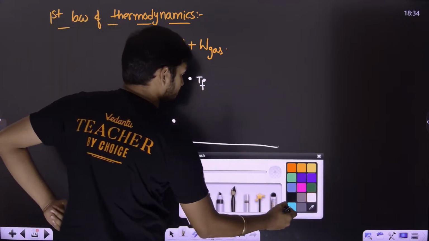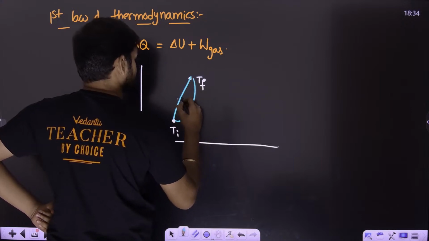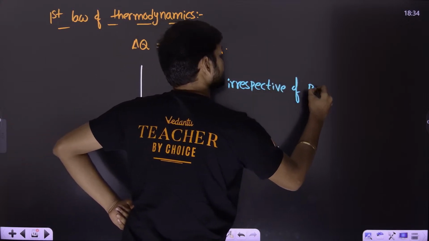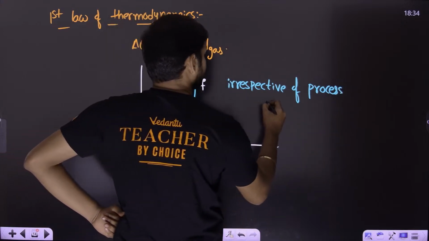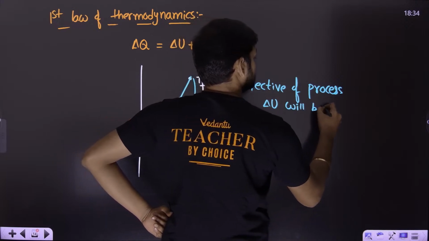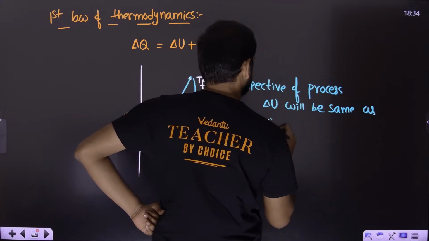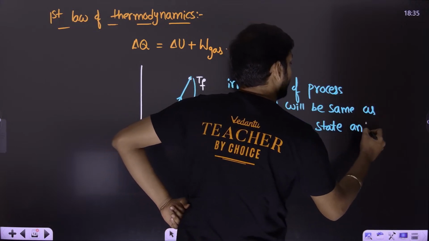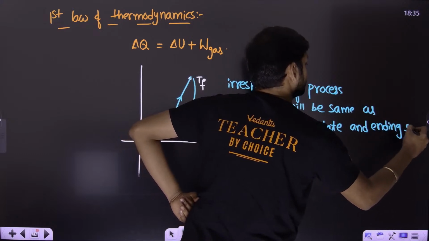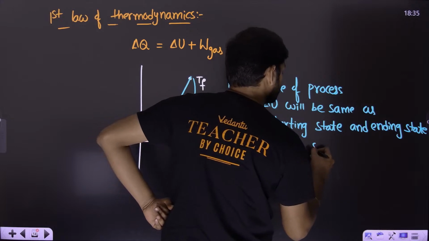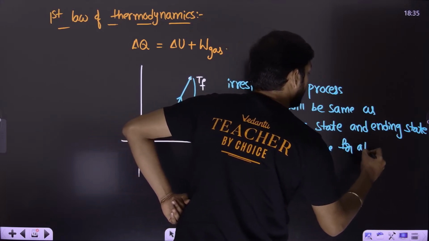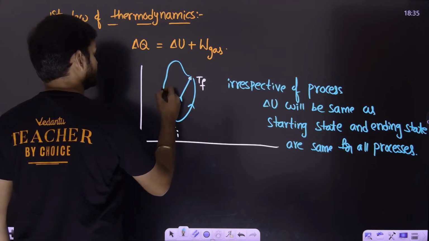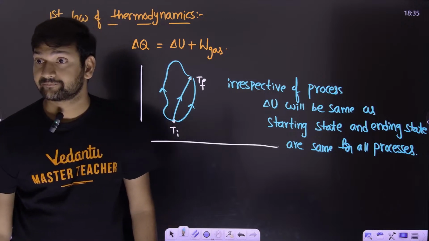No matter how we reach, irrespective of process, delta U will be the same as the starting and ending state are the same for all processes. Starting point and your ending point. Okay? Clear till here?